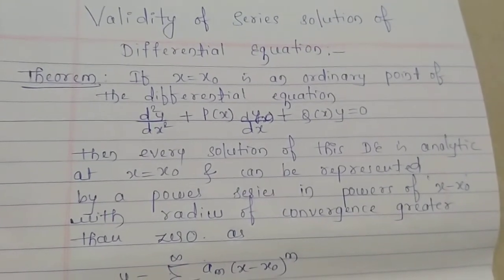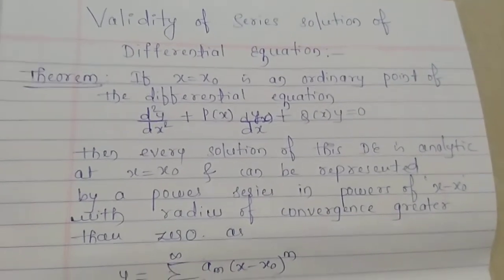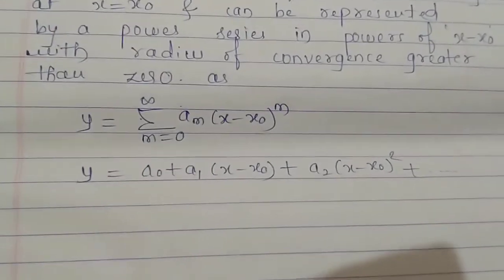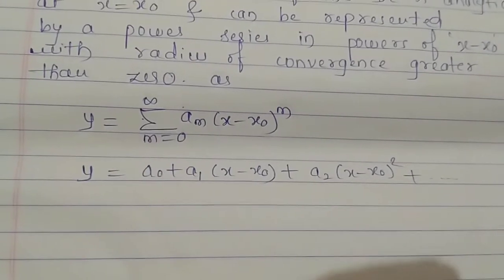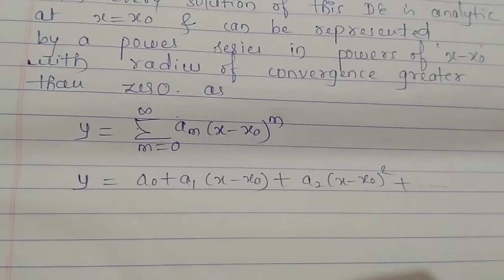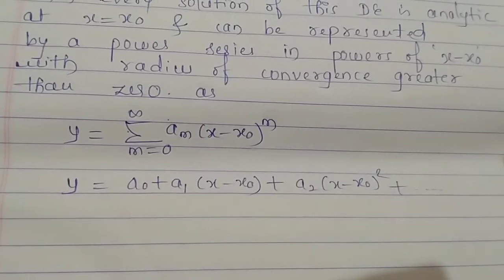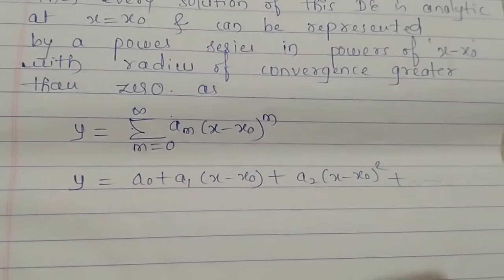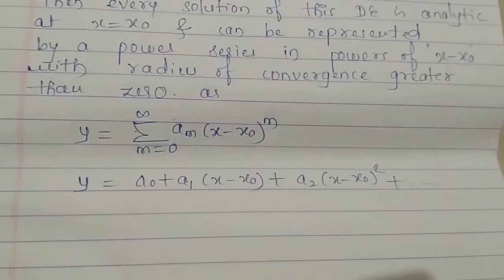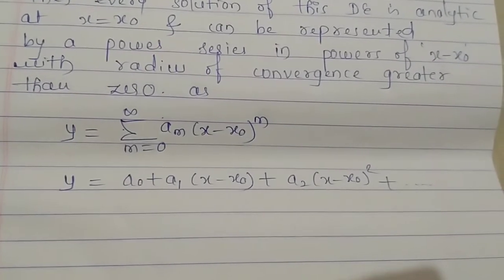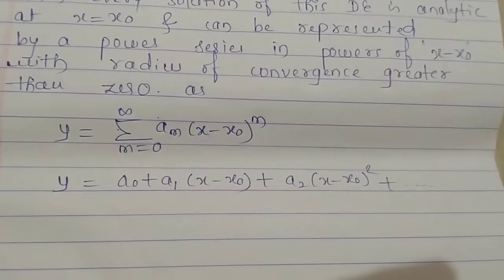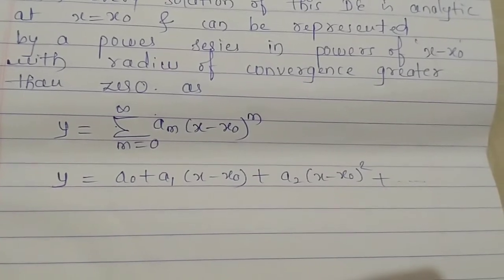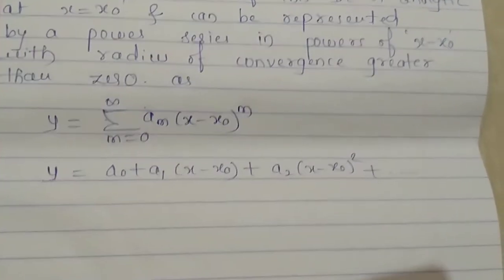So the power series solution is given by y is equal to summation m is equal to 0 to infinity a_m (x minus x naught) to the power m. If I expand this, y is equal to a naught plus a1 into (x minus x naught) plus a2 into (x minus x naught) square, and so on.